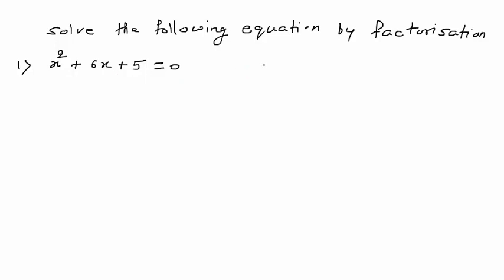So a into c in this case is 5, and I have to factorize this 5 in two parts such that their addition will be equal to b, that is middle term. So this 5 can be factorized as 5 into 1. 5 into 1 is 5 and 5 plus 1 gives me 6.